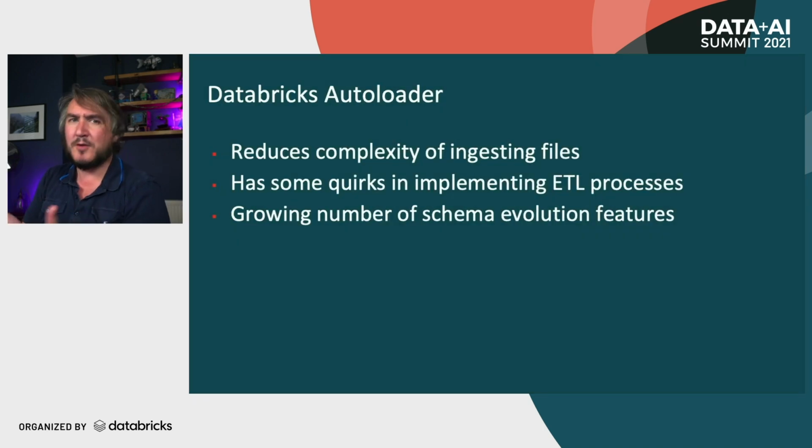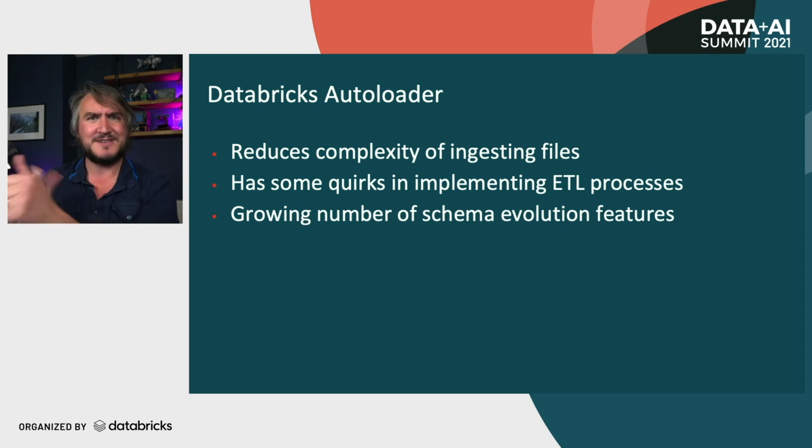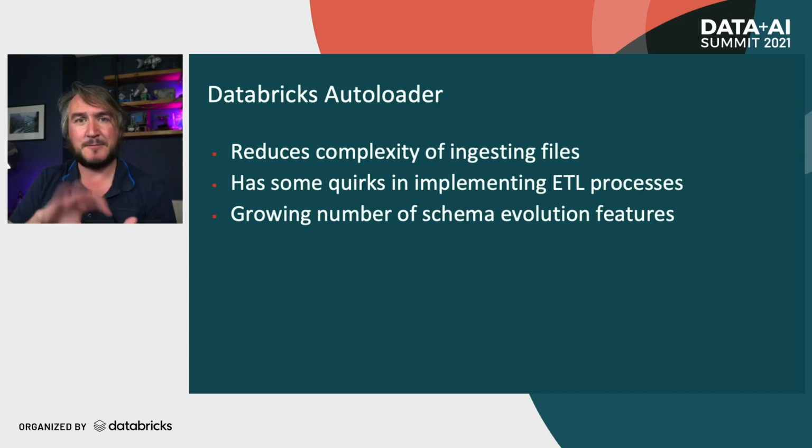So, in the whole of things, we've seen Autoloader does reduce the complexity of figuring out which files I've read and which ones I haven't. We haven't even thought about that across all of those examples. We're just dropping a new file in, and then it magically appears in our data frames. But it does add some complexities.